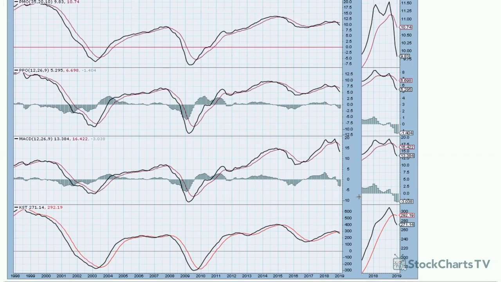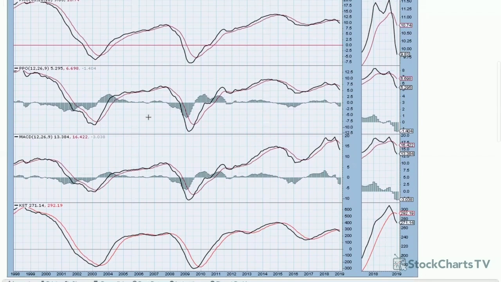For one thing, I'm rooting for the PMO because I invented it. I look at that and it's very smooth, and it doesn't have a lot of whipsaw signals, the crossovers. And you look at the PPO, and you can see there have been a lot of whipsaws on that one.